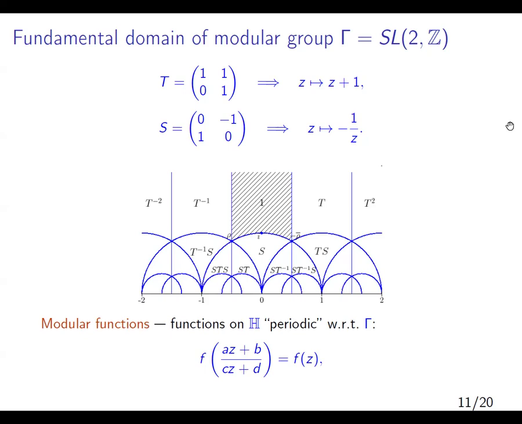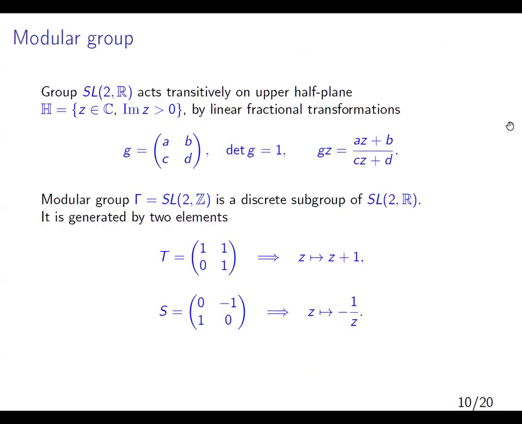All these curved lines, circles, are just geodesics in this geometry, and all these triangles are just the same, covering the upper half plane. And modular functions are just like periodic functions with respect to such an action of gamma.